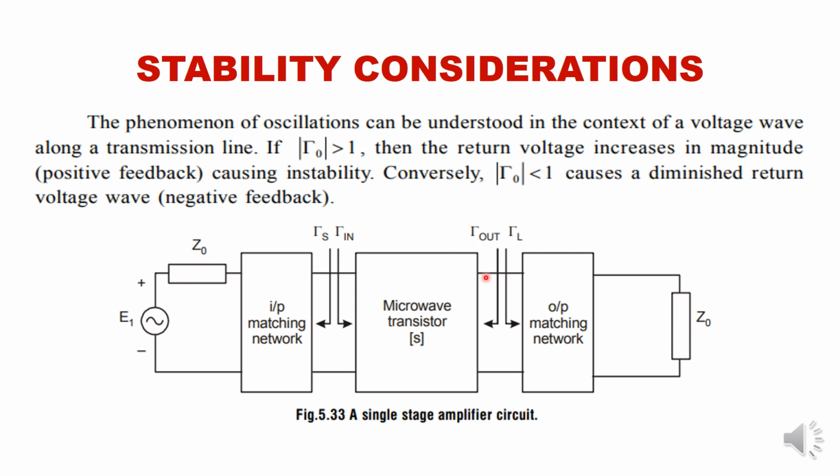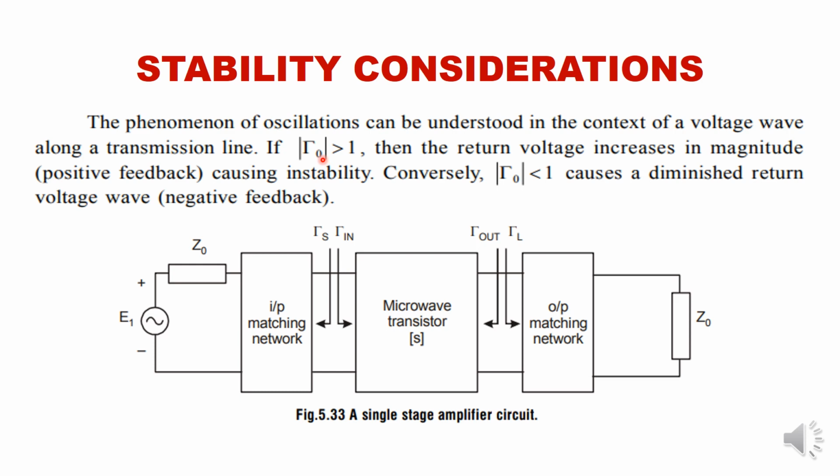Here there is an oscillation phenomenon that can be understood in the context of voltage waves, as we already discussed along the transmission line. Here we will be considering two conditions. One is if tau naught is greater than 1, then the return voltage increases in magnitude, which is nothing but positive feedback, which causes instability.